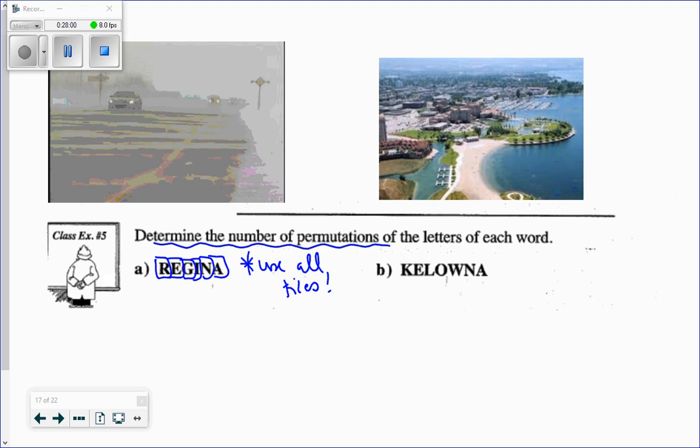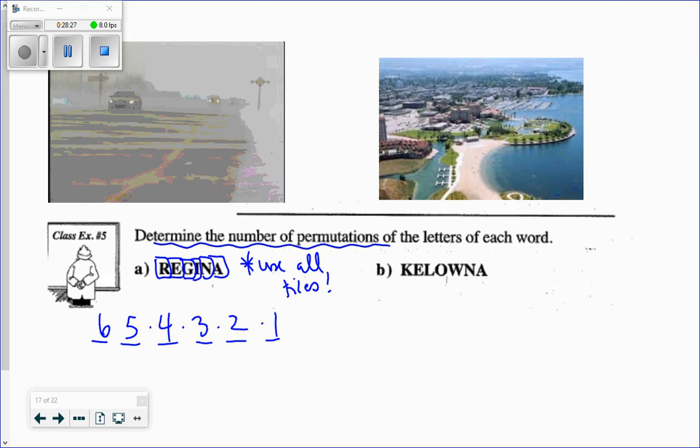So if you want to do this by the blanks method, Regina has how many letters in it? 6. So how many choices do you have for the first position? 6. So you've picked the letter G. You can't pick G again. Now what? 5, then 4, 3, 2, 1.